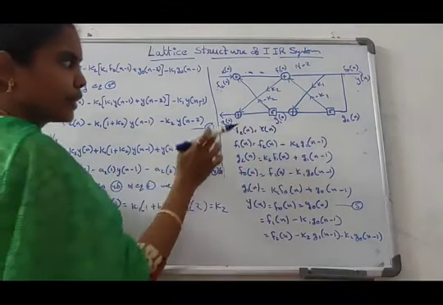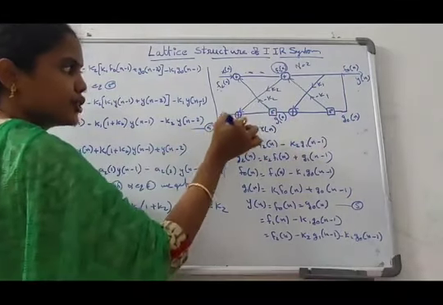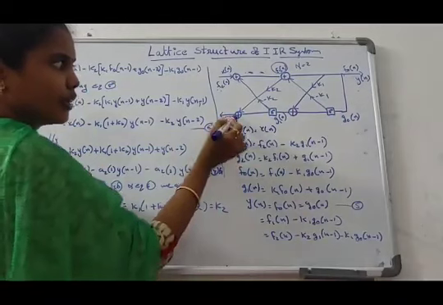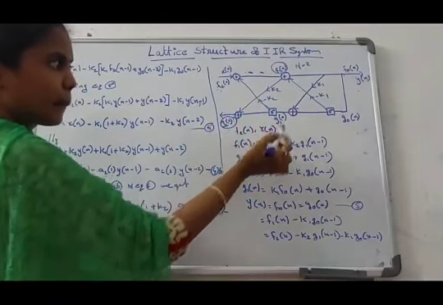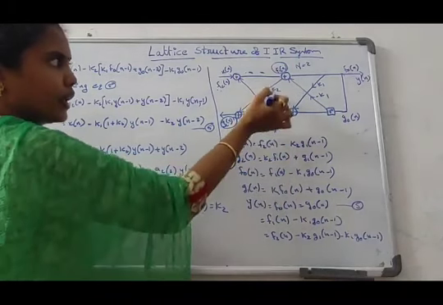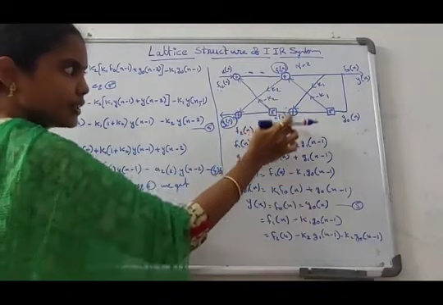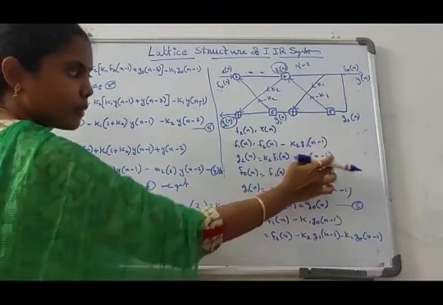Next, how to get G2 of n? So this is F1 and this is G2 of n. G2 of n is K2 into F1 of n plus Z inverse into G1 of n minus 1, that is G1 of n minus 1.